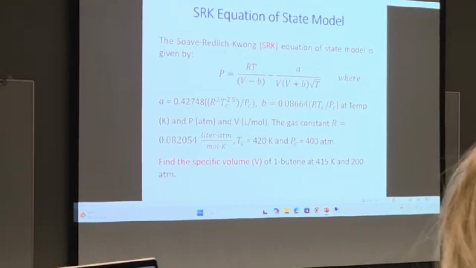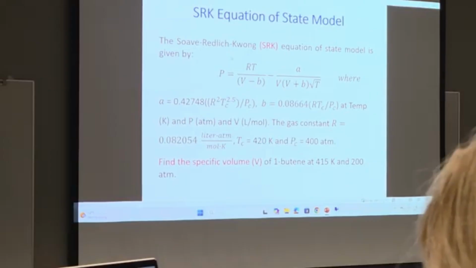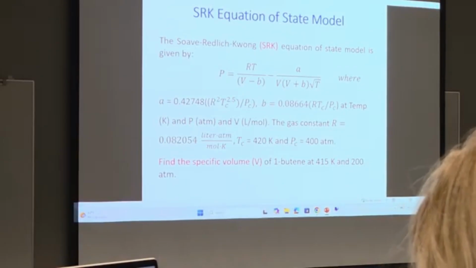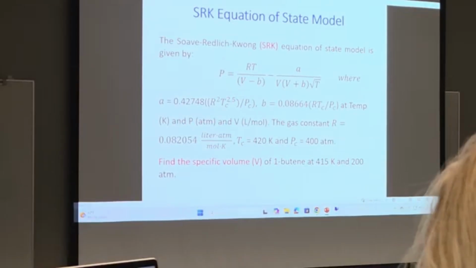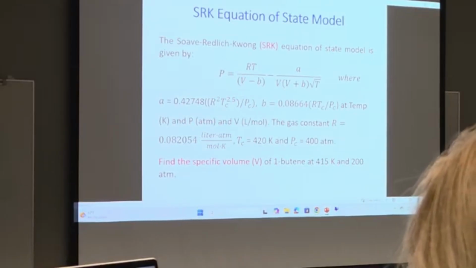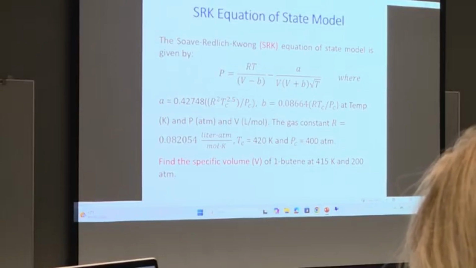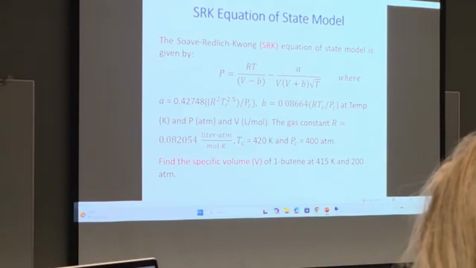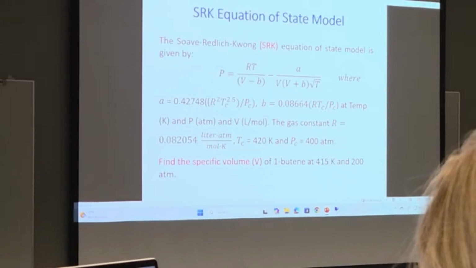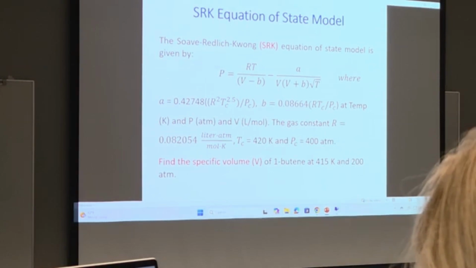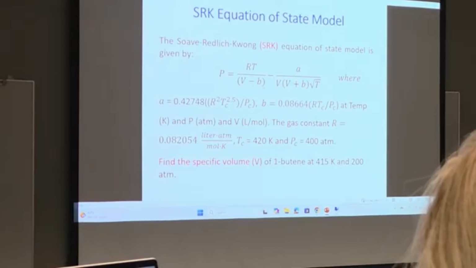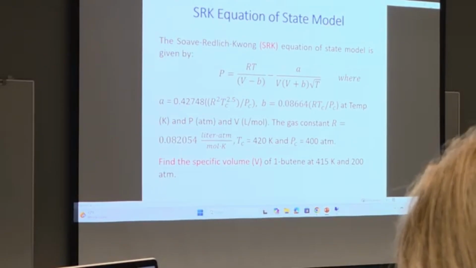SRK stands for Soave, Redlich, and Kwong, the researchers' last names. Three people worked together to develop this equation. That's called the SRK method. How does Aspen find those thermodynamic properties or transport properties? Simply using this base equation. It's called the SRK method. Yes?